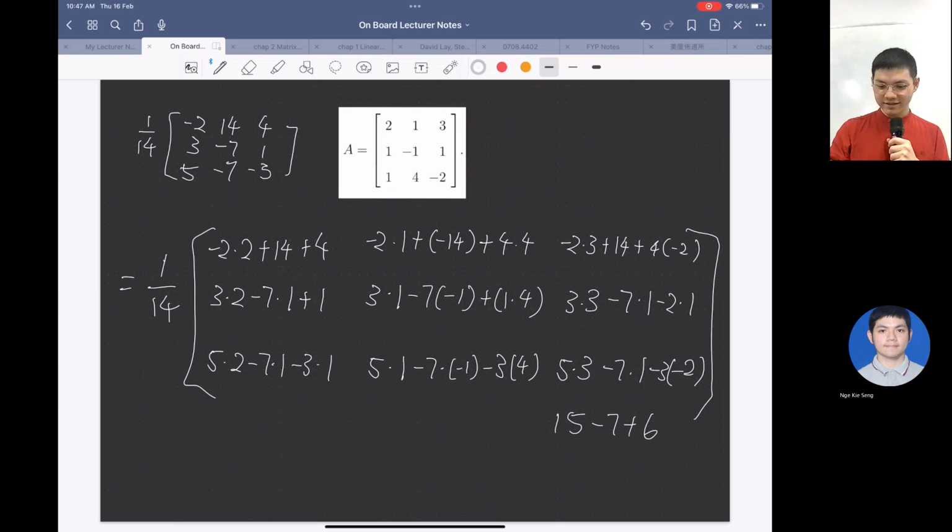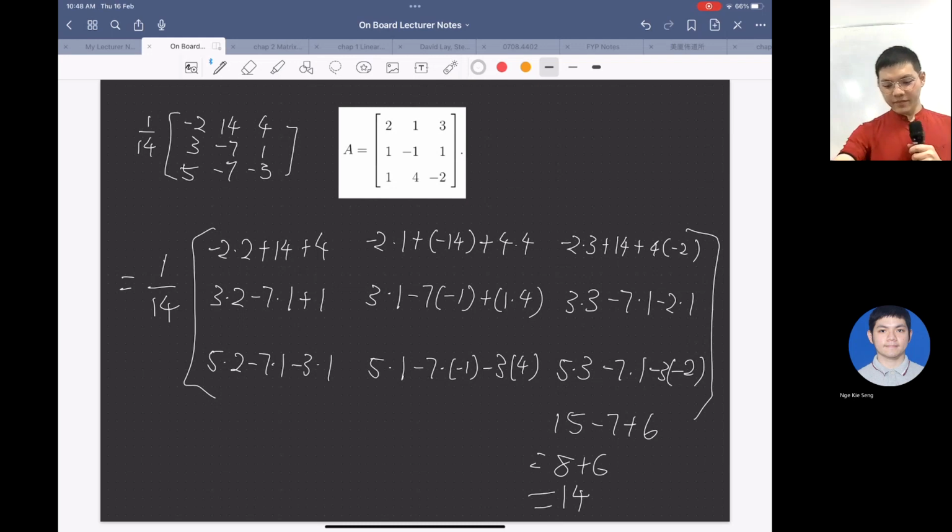How was this? Am I wrong or not? 15 minus 7 plus 6, 21. Correct? Right. 21 minus 7, right? Right, because 8 plus 6 equals 14.